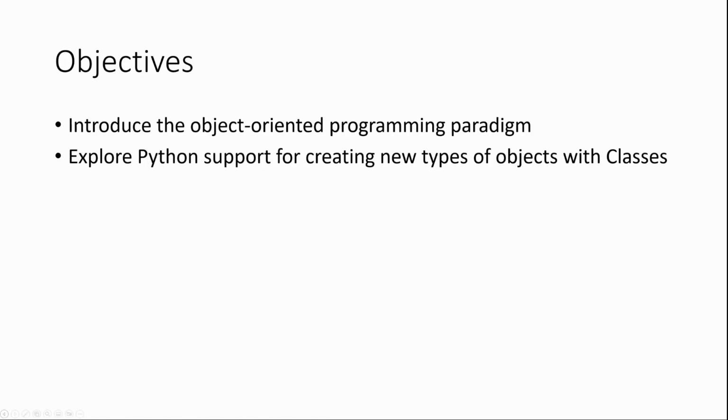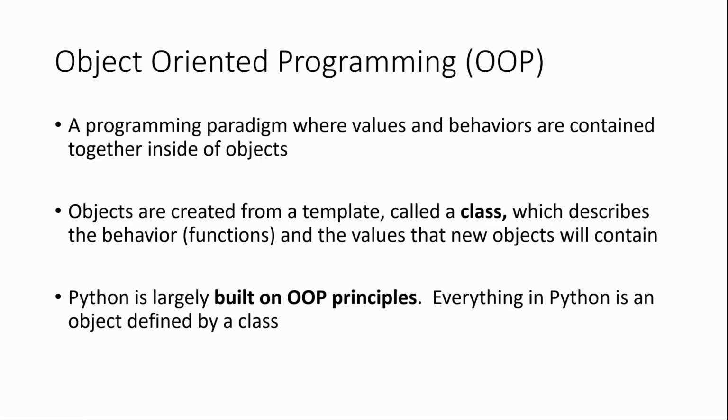Welcome back. This video will discuss Python's support for a concept known as object-oriented programming, specifically the creation of new types, also known as classes of objects. Object-oriented programming is one of the main paradigms used to create programs, where a program is thought of as an object containing both state and behavior.